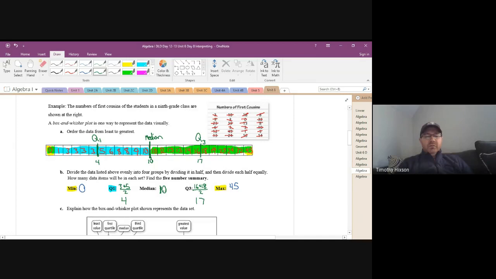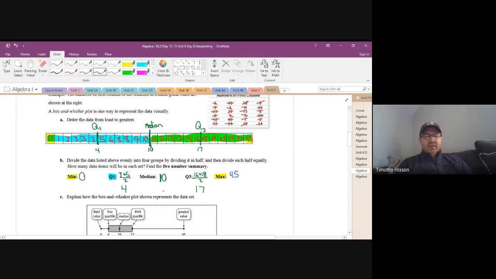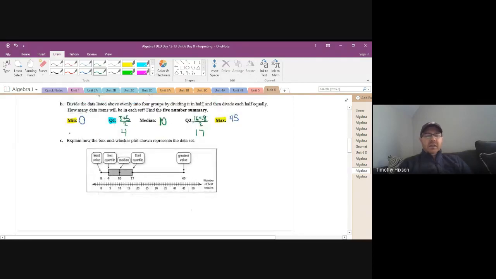So let's see here. Down below, we actually already have a box and whisker plot drawn for this data, okay? And you can see here the minimum or the least value is 0. The first quartile is that 4 right here.